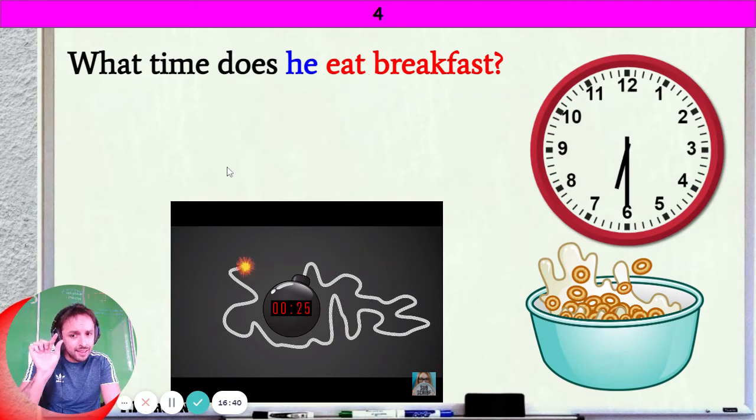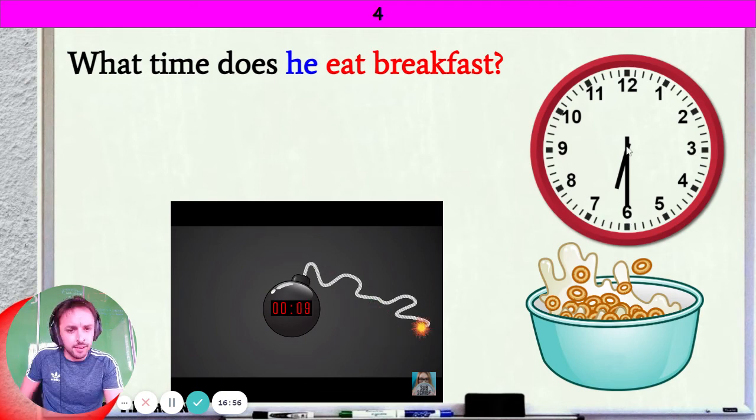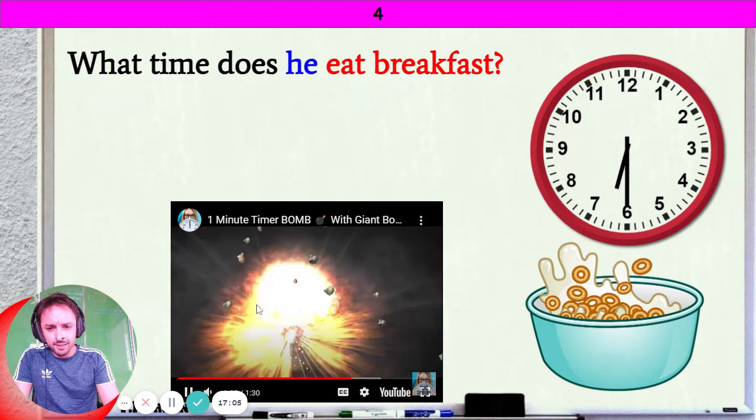Then the small word, at. And then we need the time. At what time? So the small hand is here. So what is the hour? And then the big hand is pointing at 6. So how many minutes if the big hand is pointing at 6? What is 6 times 5? Okay, 4, 3, 2, 1.